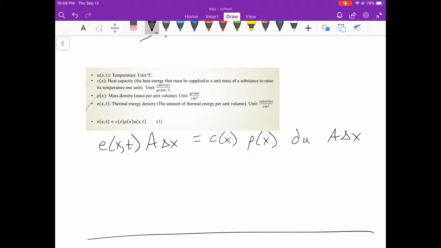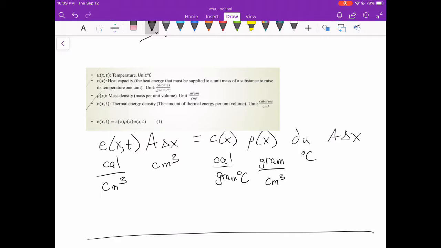Oh, here's the equation that I was going to write down so that we were looking at calories per cubic centimeter. The heat capacity was calories per gram degree Celsius. Density, gram per cubic centimeter.